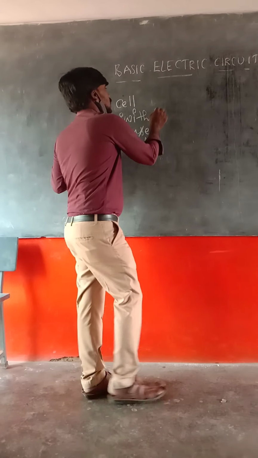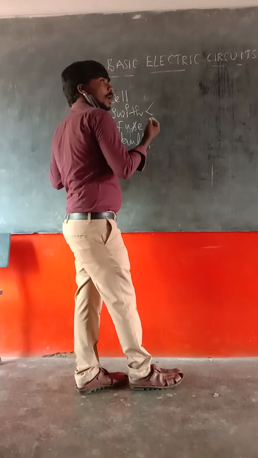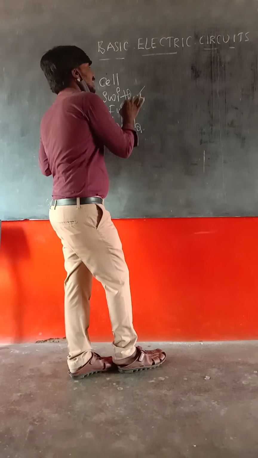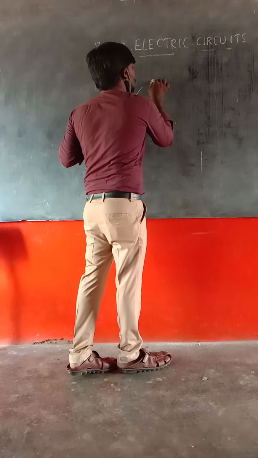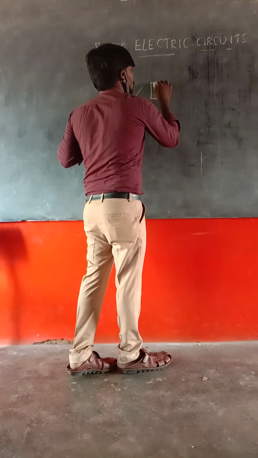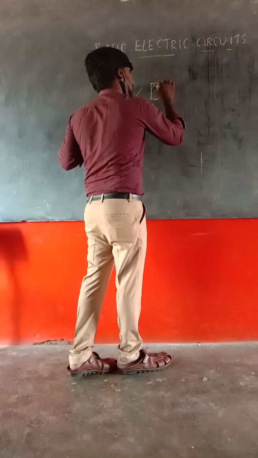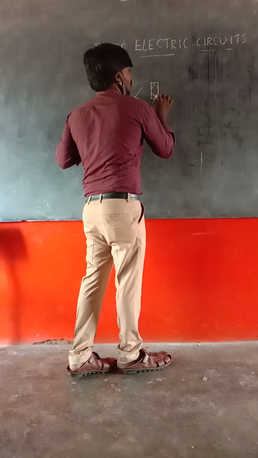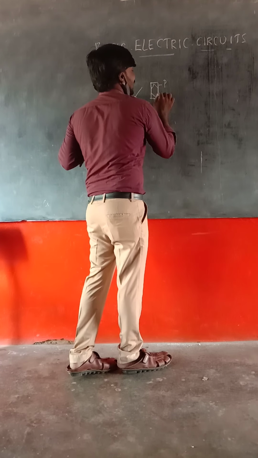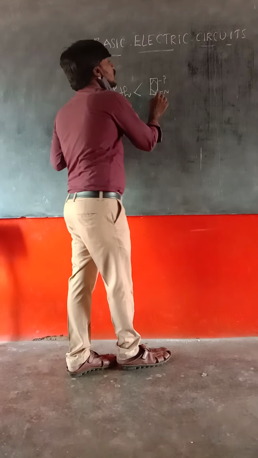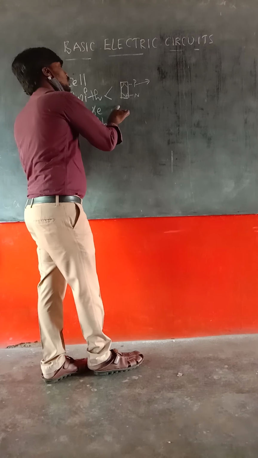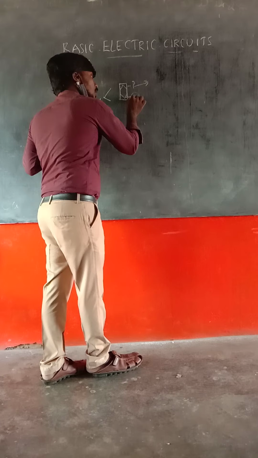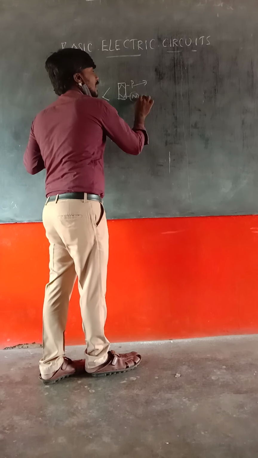Now let's discuss the switch. A switch is used to open and close the circuit. The switch has two terminals. Suppose this is the outside and this is the inner side, one positive and one negative. When the positive is on, electrons or electricity flow. When it is neutral or negative, nothing can flow.